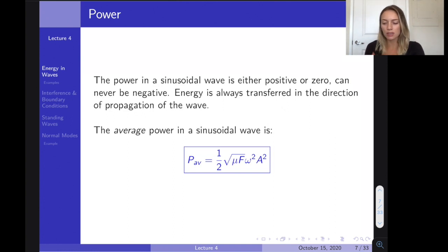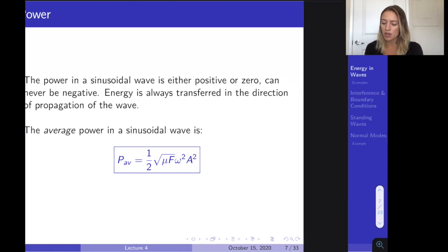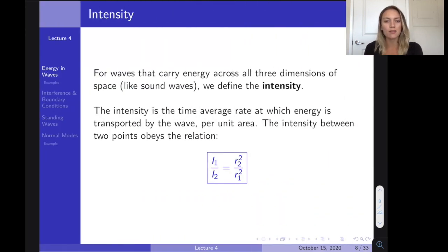Okay, and then a related topic to power is the intensity. So a lot of times when we have a 3D source, like a sound wave that sends waves in all directions, or the sun sends waves in all directions, we talk about what's called the intensity. And now the intensity is the time average rate at which energy is transported by the wave per unit area.